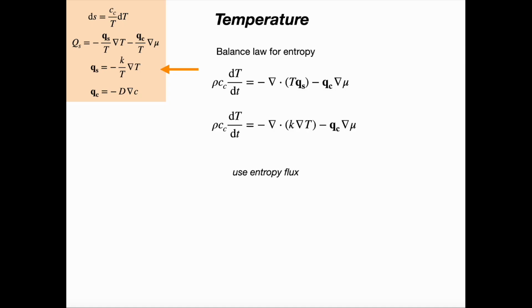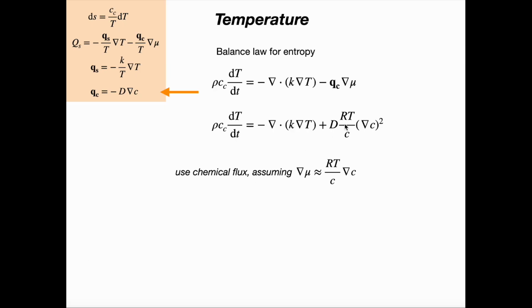Let's now use the expression for the entropy flux, minus K divided by T times gradient T. Of course, the division by T, since now it's multiplied by T, is going to cancel out, and we end up with K gradient T inside the divergence here. What's left to be done is to introduce the expression for the chemical flux. So we can introduce now the expression for gradient mu and Qc. This generates the production term that we had earlier on.